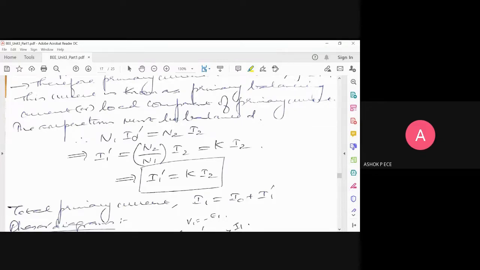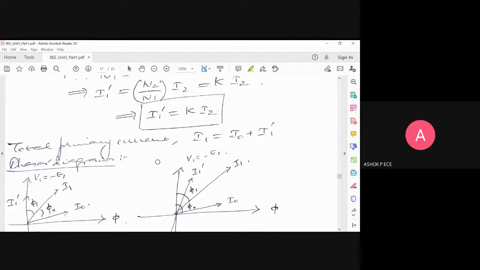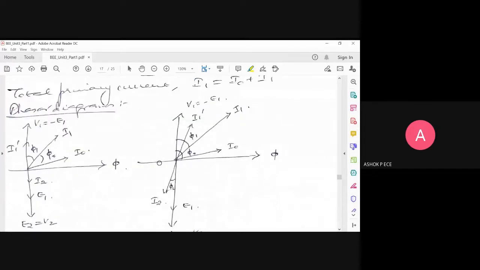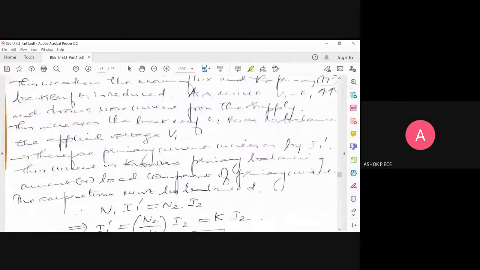I1 dash can be written as N2 by N1 into I2. N2 by N1 is the turns ratio K. So I1 dash equals K into I2. The total primary current, from the diagram, is I1 equals I0 plus I1 dash. That is the total primary current. Any doubt so far?